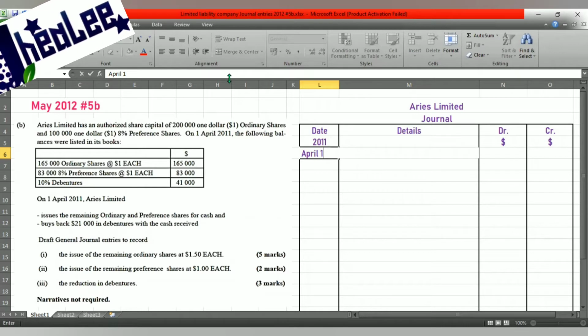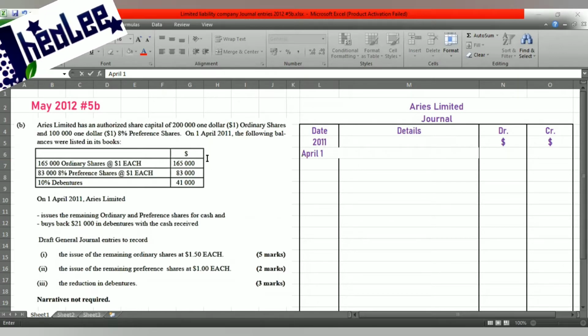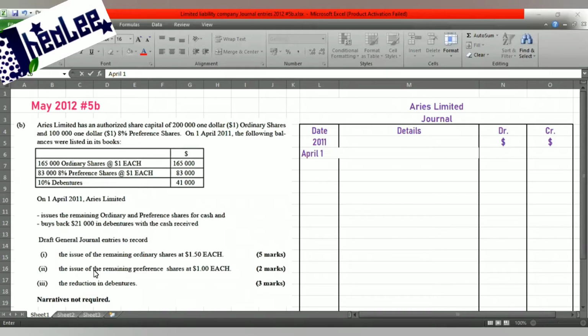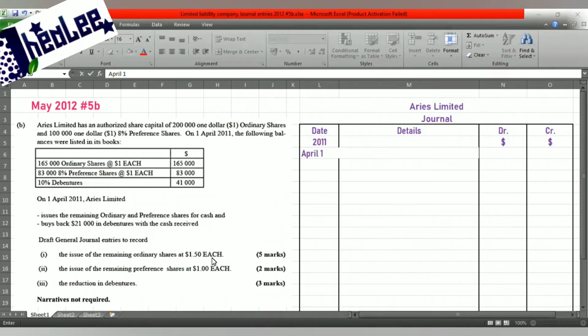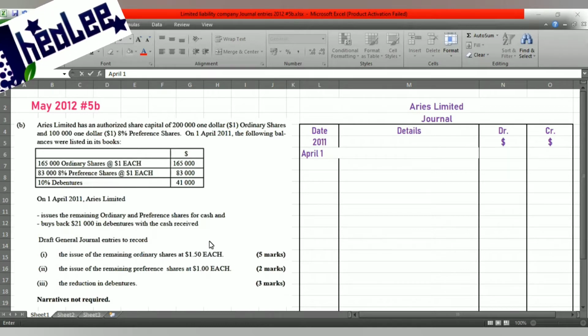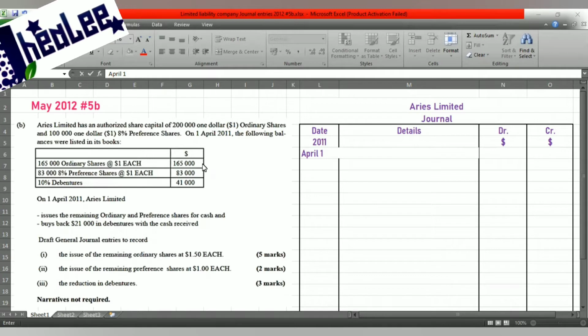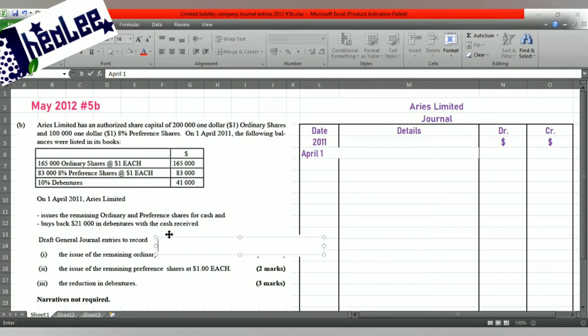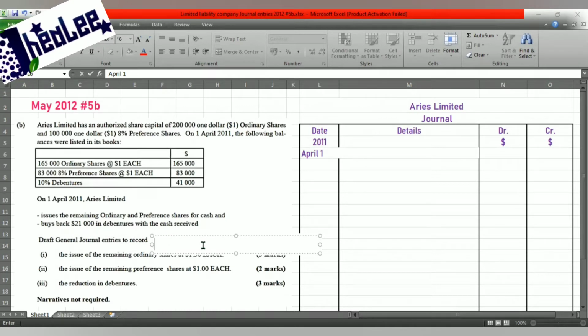They had sold 165,000 of that. So you have to do your calculation to find out the number of shares that were remaining in order for you to sell them.